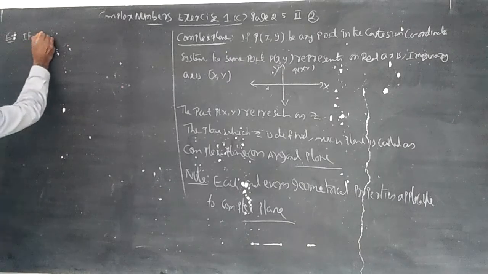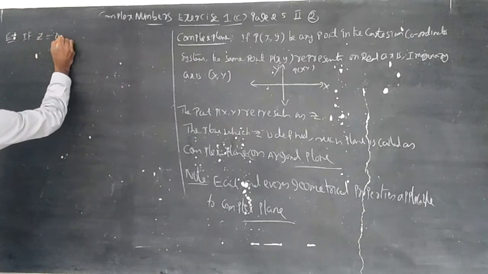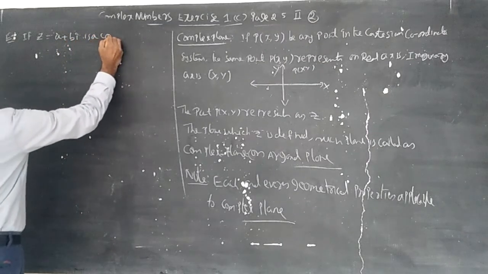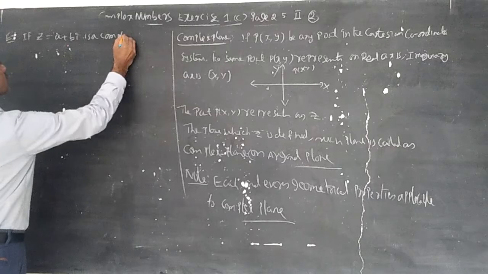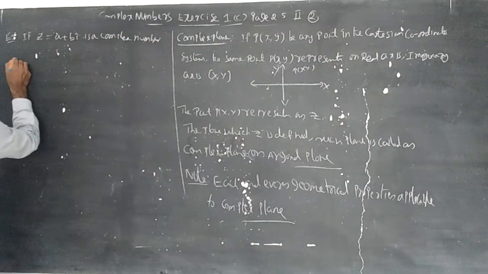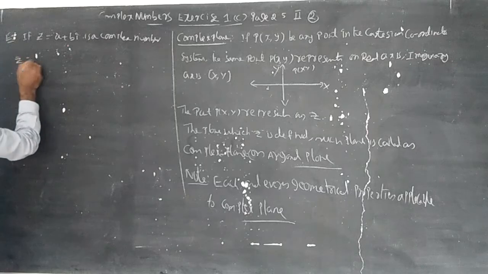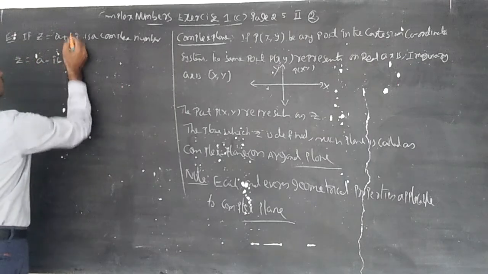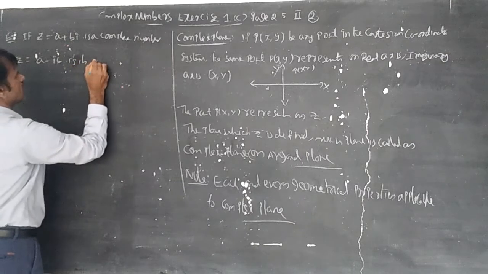If z is equal to a plus bi is a complex number, z bar is equal to a minus ib, its mirror image.